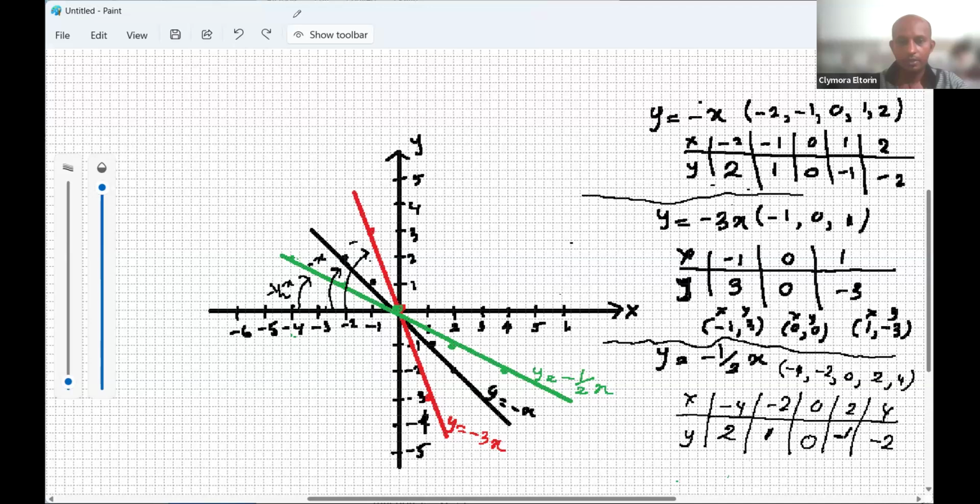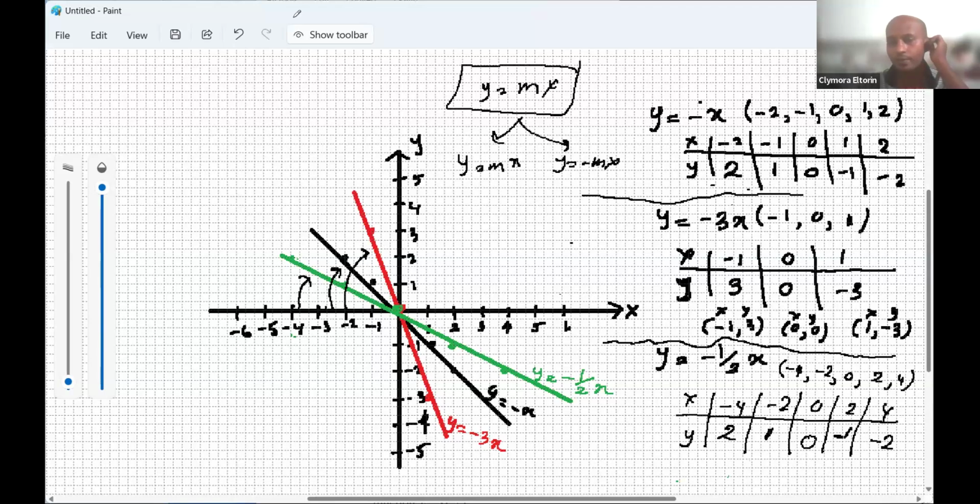Now these are the graphs we need to plot for the y equals mx type. We have already discussed the two types: y equals mx and y equals minus mx. What's the difference? A graph with y equals mx makes an acute angle from the positive side of the x-axis.